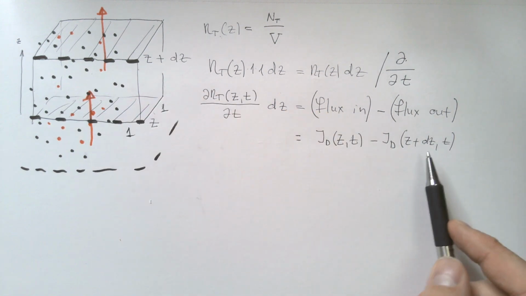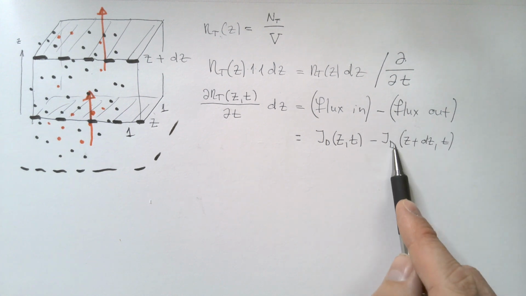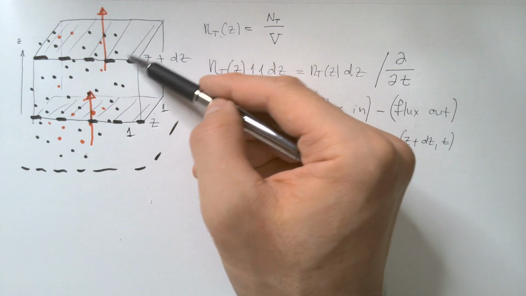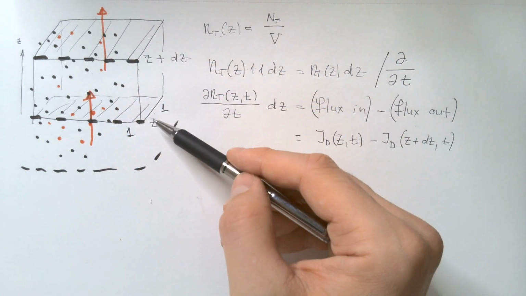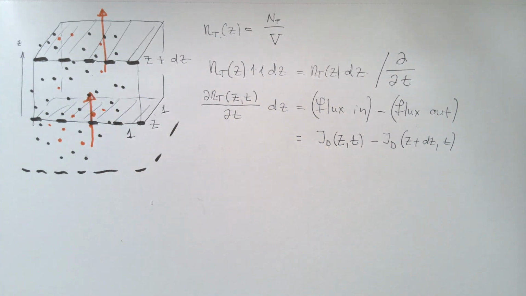Now, as we always do in these types of situations, we will here express particle flux at the top surface by using particle flux at the bottom surface and using Taylor series expansion.